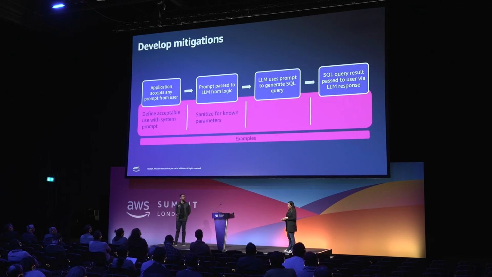You sanitize the input, you look for things that are acceptable or not. So it's not really that new, right? It's just different tools to do that in a large language model. So if you do something like Amazon Bedrock for guardrails, which is new, or there are third-party tools that you can use for that as well.